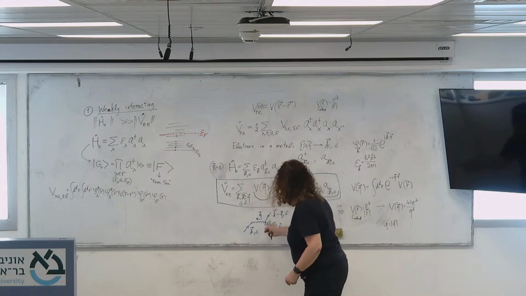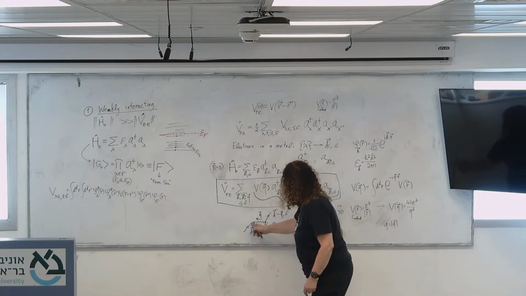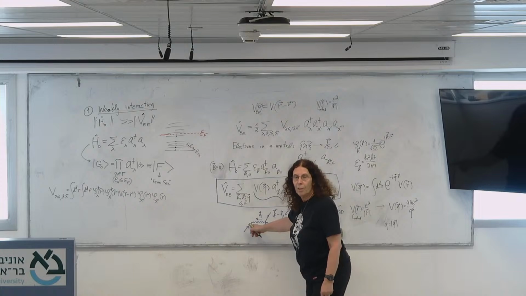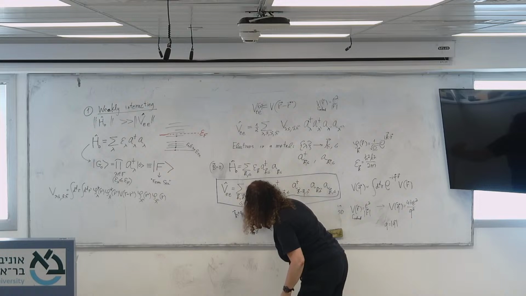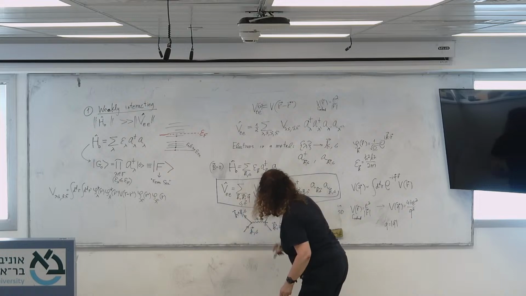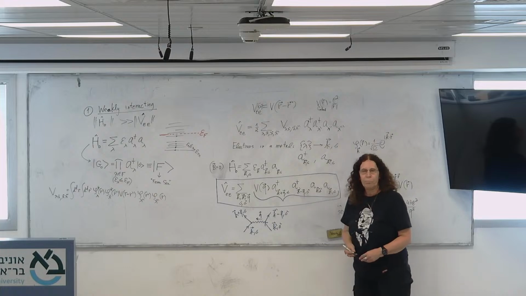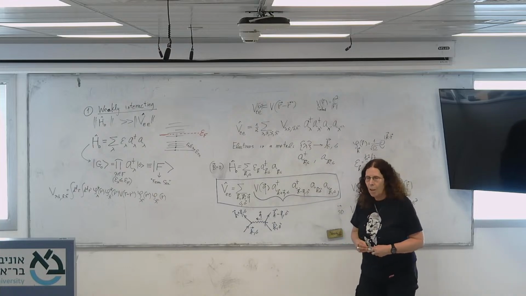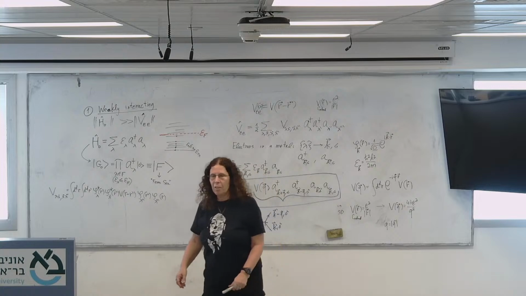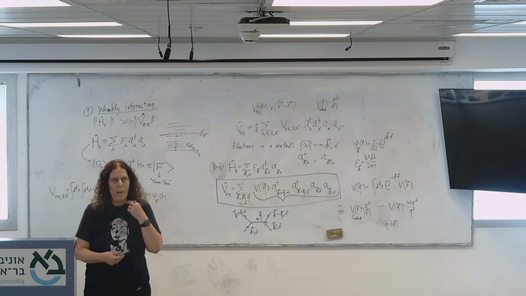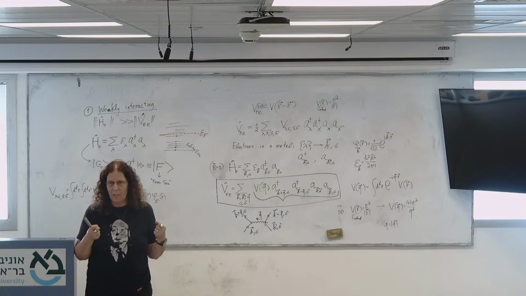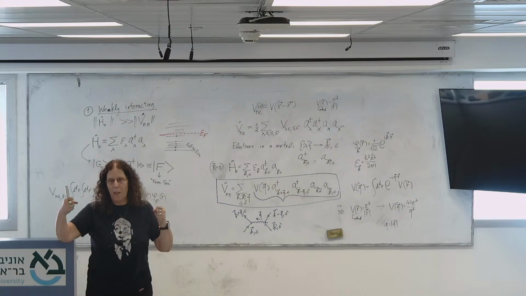It emits a particle, and this particle is absorbed by the other electron. Okay? And therefore, the other electron is scattered with momentum k plus q. So this is what happens. So the particles exchange virtual particles between them? Exactly. That's the interpretation.